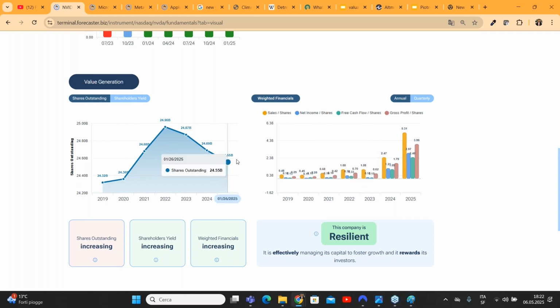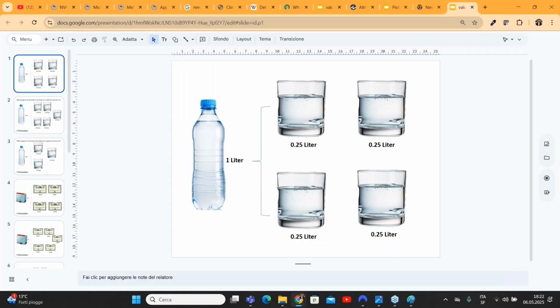Okay, I have a very quick example here to let you understand what share repurchasing is. For example, if we have a bottle of 1 liter of water and we divide this water in 4 glasses, we have of course 0.25 liter for every glass.